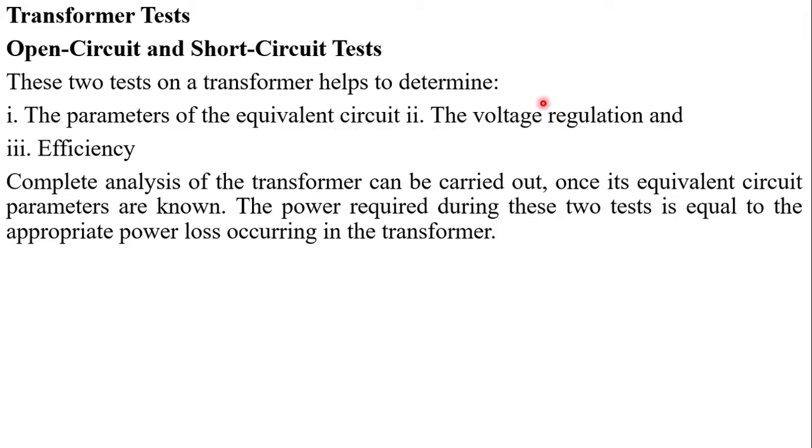The voltage regulation and efficiency of a transformer can be measured by using these transformer tests. A complete analysis of a transformer can be carried out once its equivalent circuit parameters are known. The power required during these two tests is equal to the appropriate power loss occurring in a transformer.